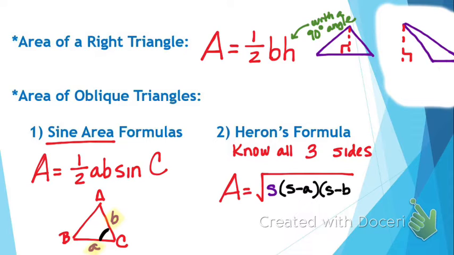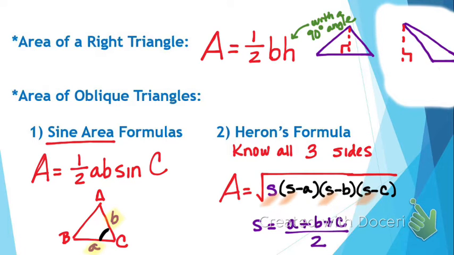It's hard for me to talk and write, so let me write it out and then I'll talk about it. Okay, so this is your formula. And S, this number S, S equals a plus b plus c divided by 2.